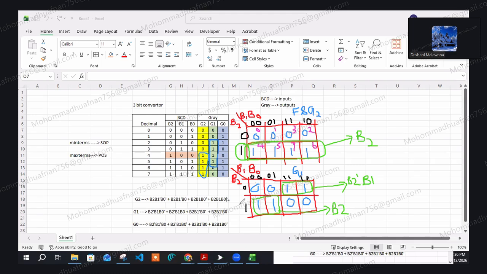This one here is B2, and here B1 is common, but it should be dash, right? So through these two, our equation is B2 dash B1 plus B2 B1 dash. Am I correct?